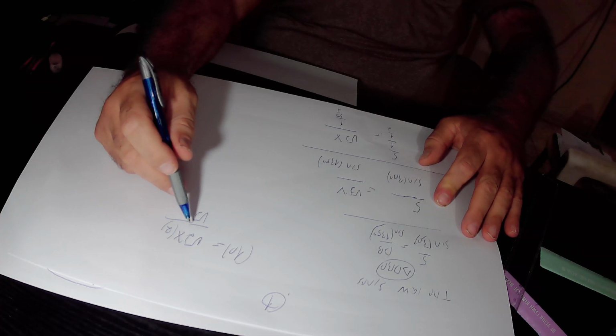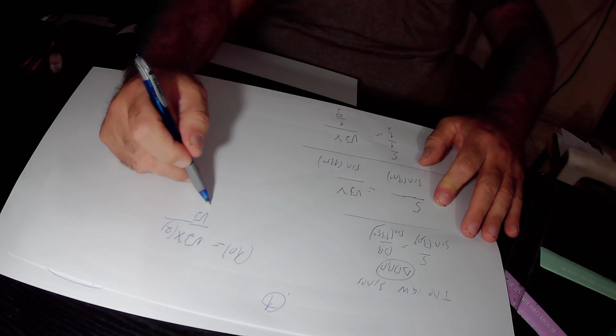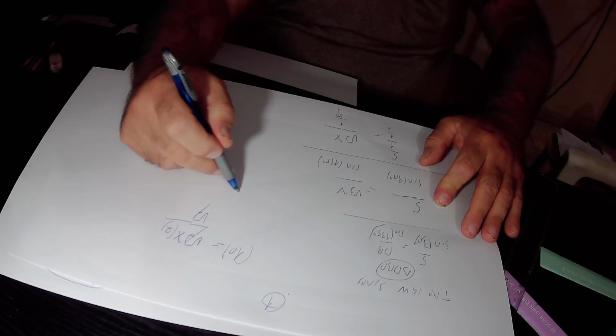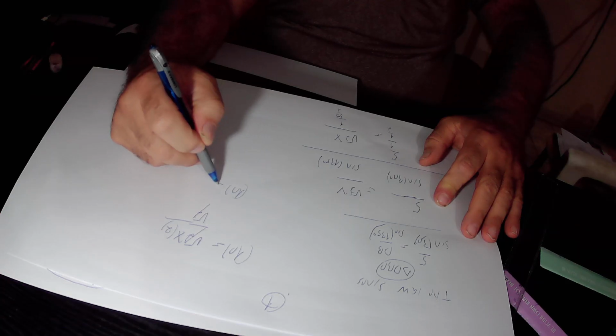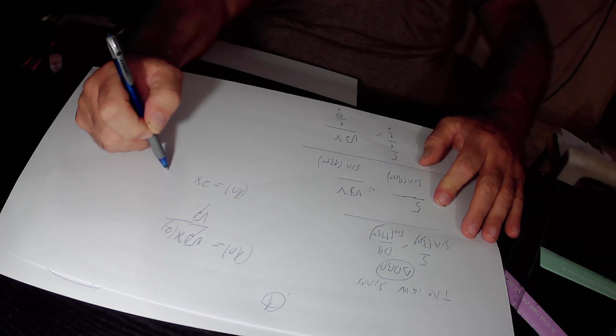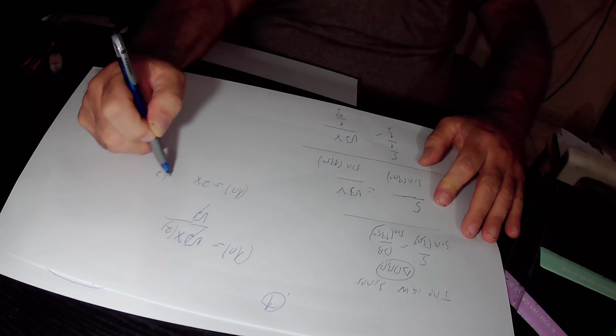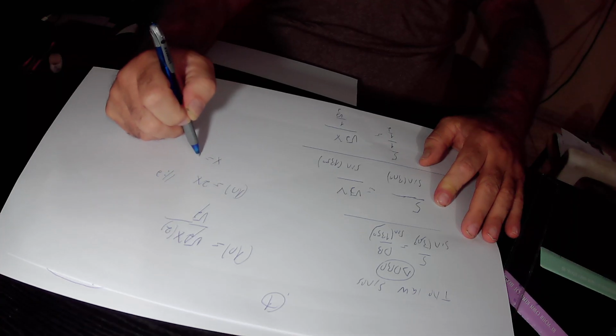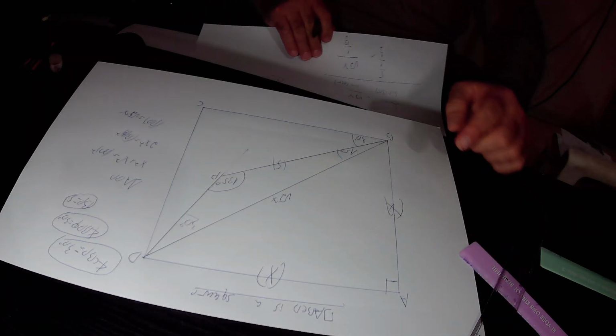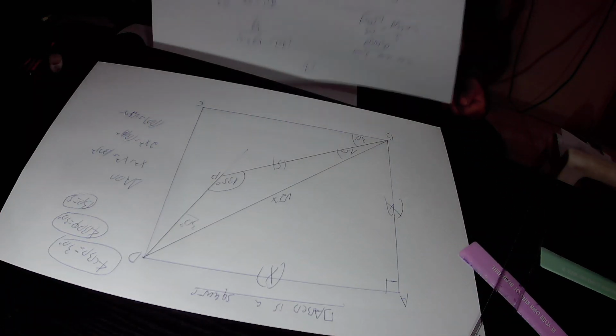Square root of 2 in the numerator and in the denominator will get cancelled, and we have 10 equals 2x. We divide by 2 and finally get x equals 10 over 2, which is 5. So the length of one side of square ABCD is equal to 5 units.